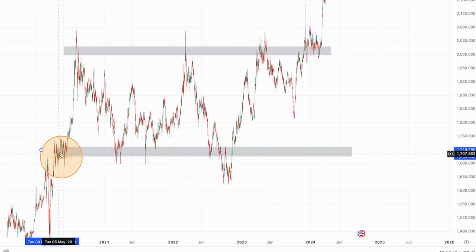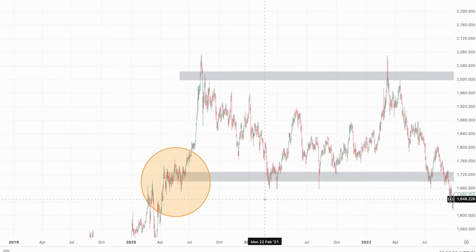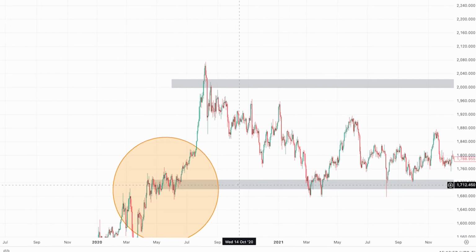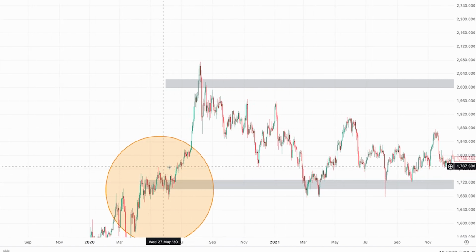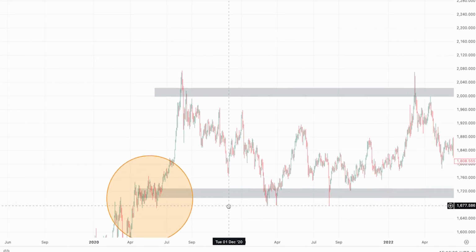Okay, we are at a support key level because we have a lot of touches in the market, and a lot of touches could only mean that a lot of wicks or a lot of consolidation areas have happened within the same range of that pinpoint or price range. So that's what makes it a valid support.